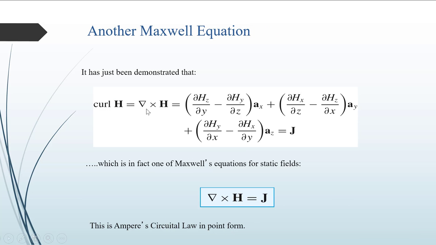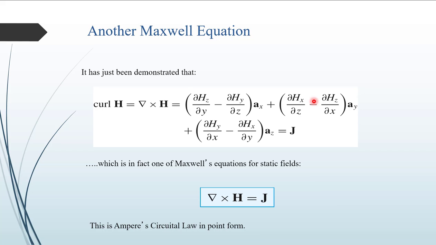Also we know that curl of H, that is del cross H, is this equation, and we have seen some of these terms already in the last lecture. ∂Hz/∂y − ∂Hy/∂z is nothing but Jx, and this part is nothing but Jy, and this part is nothing but Jz.